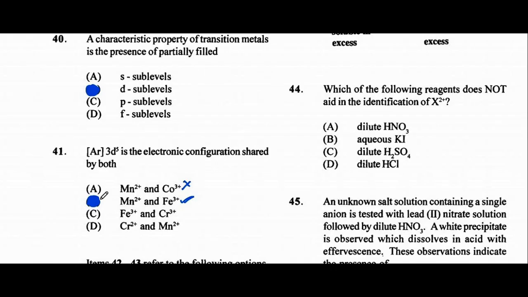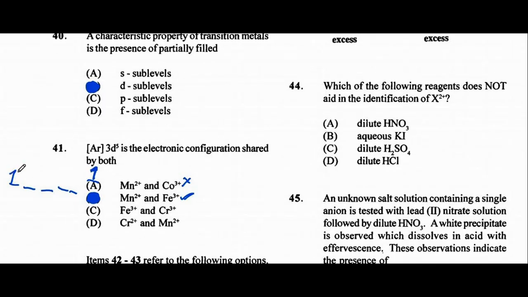Let me write that down for you to better understand what I'm trying to say. So the 4s for iron has only 1 electron, and the rest have 2, they're paired.